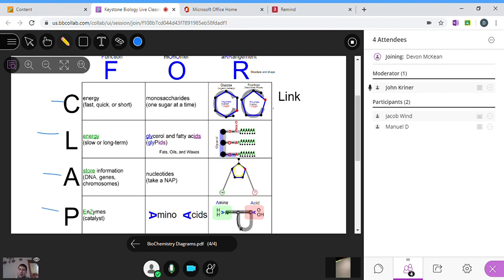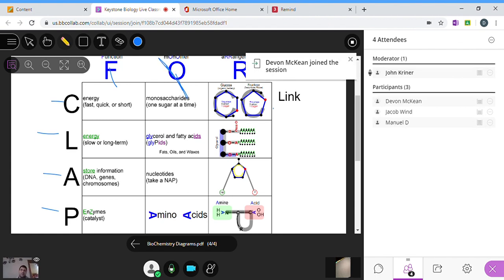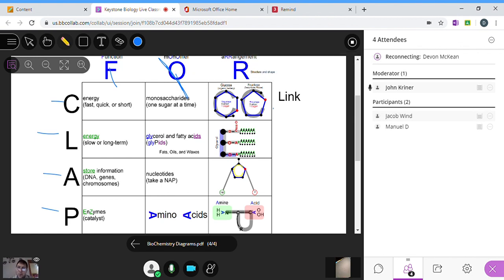Carbohydrate, lipid, nucleic acid, and protein. What do we have to know about them? 4. Function, what they're built from, what are the small repeating subunits, the monomers, and R, arrangement. What do they look like? And I would want you to be able to reproduce this diagram as you see it now from memory.